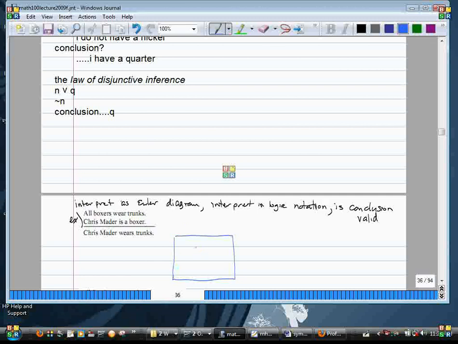So boxers, and then trunks around that. And that represents all boxers wear trunks. Alright, now what about the statement Chris Mader is a boxer? It goes inside the B. Okay. And I'll put CM.